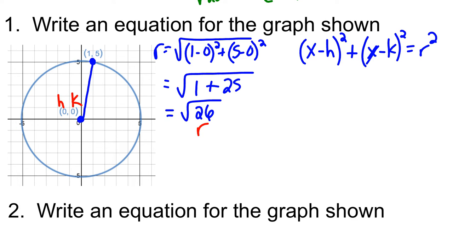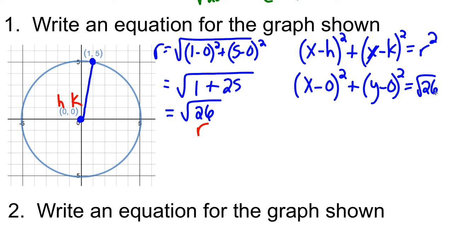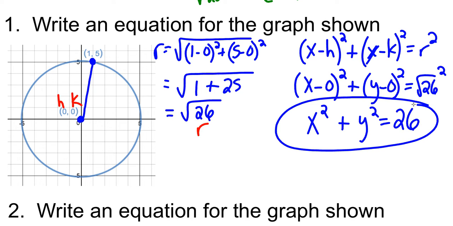So I have (x minus 0) squared plus (y minus 0) squared, because h and k are both 0. My radius is the square root of 26, and I have to square that. Cleaning that all up gives me x squared plus y squared equals 26. And that's the equation of this circle. If you went to Desmos and plugged this exact thing in, you'd be able to graph this.